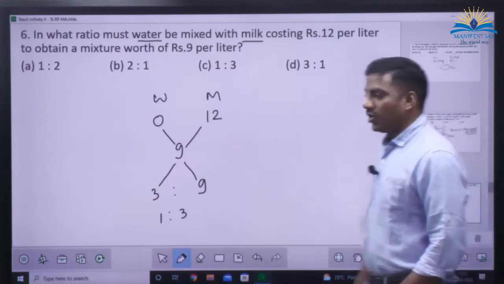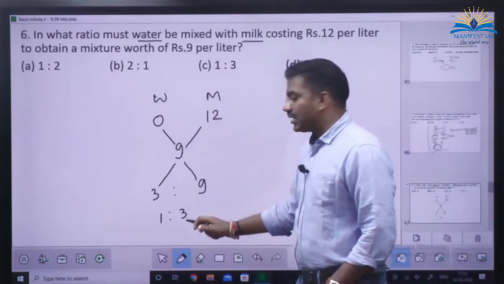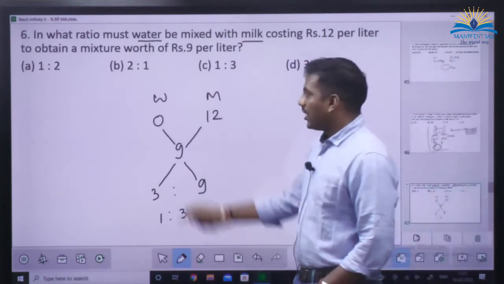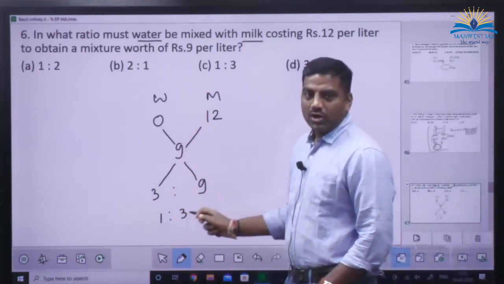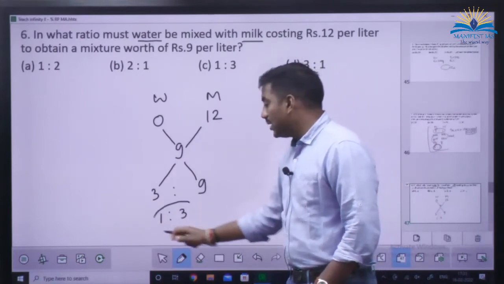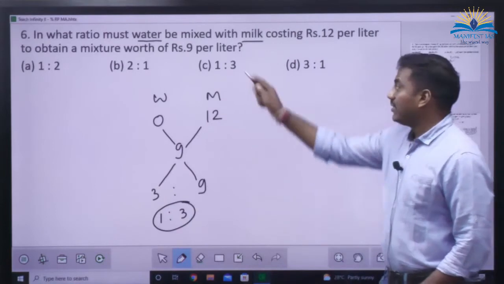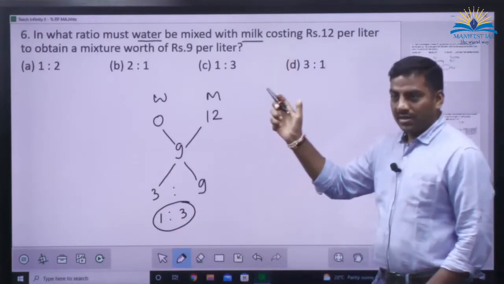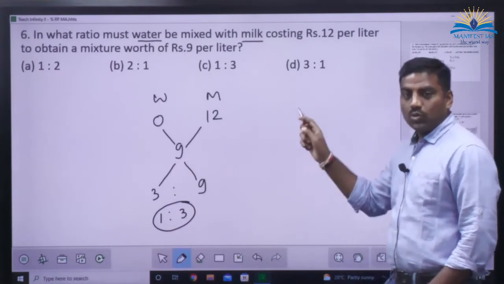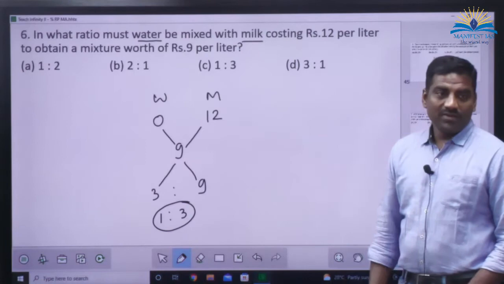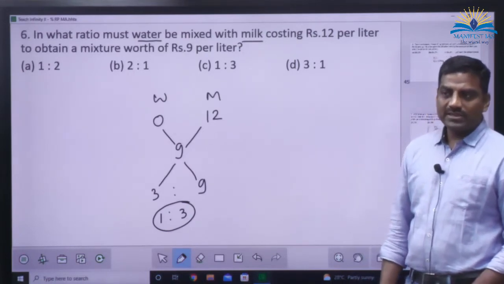That means for every 3 liters of milk, you have to add 1 liter of water, or for every 1 liter of water, you have to mix 3 liters of milk. So the order is very important. Though you get the answer, if you change the order, milk first, water next, then your answer would have been 3:1. That will be confusing. Understood? Yes?